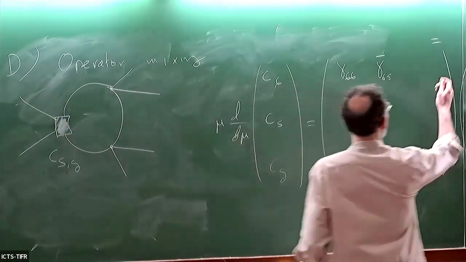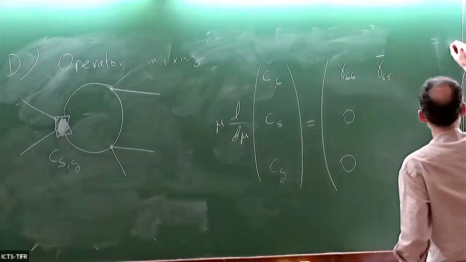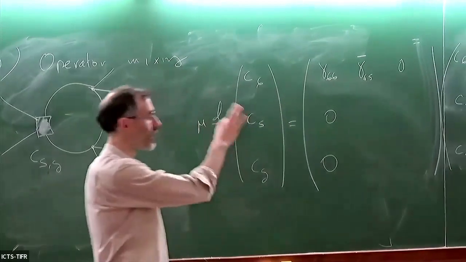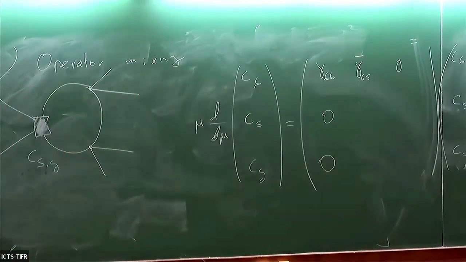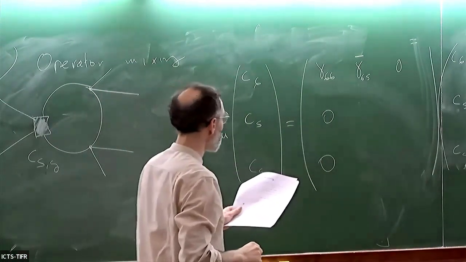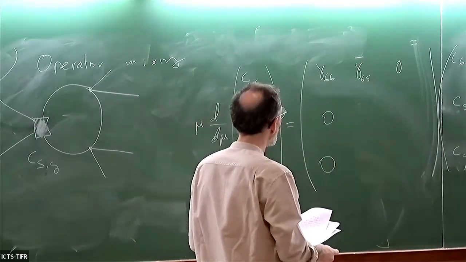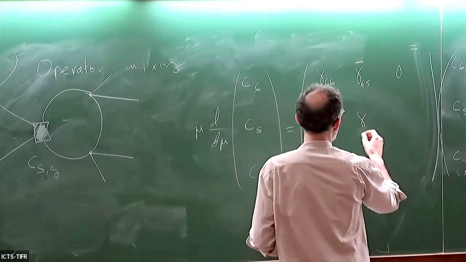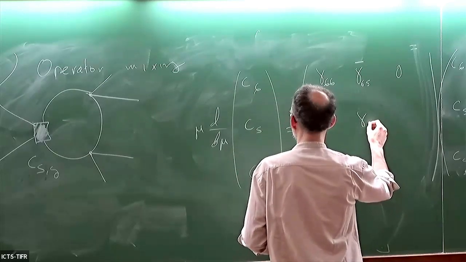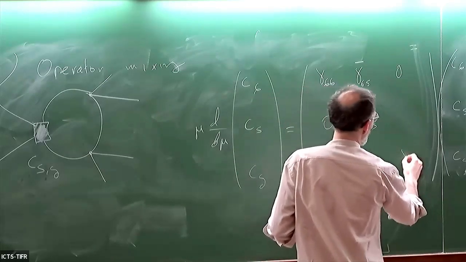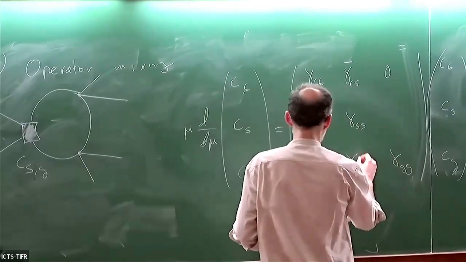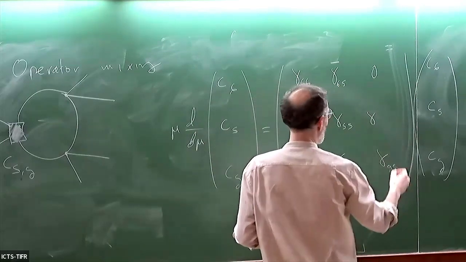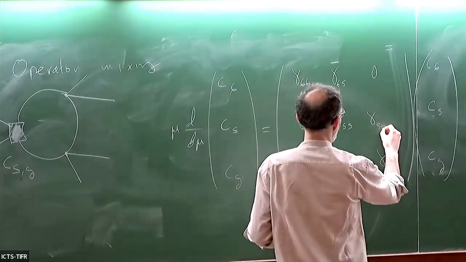So we have no gamma bar in there, we have a 0, but that doesn't mean that that entry is 0. And then we'll have the other entries to compute, you know, CSS, gamma GG, gamma GS, gamma SG.